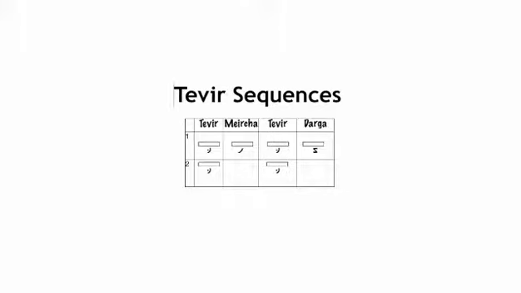I'm also not doing Azla Geresh because sometimes it can be combined with Tlisha Gedola, Tlisha Katana, which we're not ready for yet because they're less common, and I want to start with the more common ones first. So that's why we're on to Tevir today, just to give a little disclaimer as to the method to my madness. But here we are today on Tevir, and there are fewer sequences.